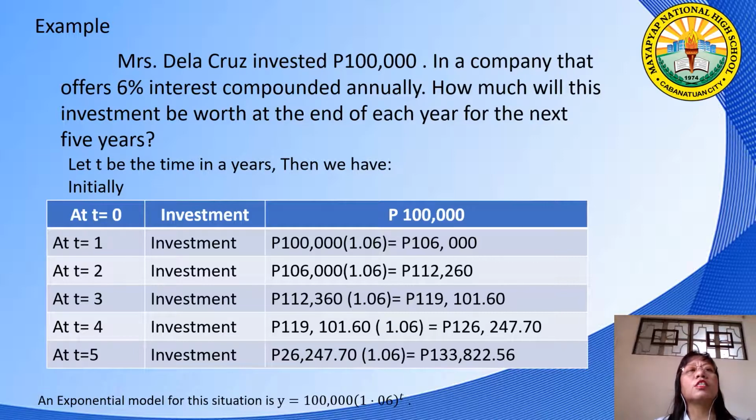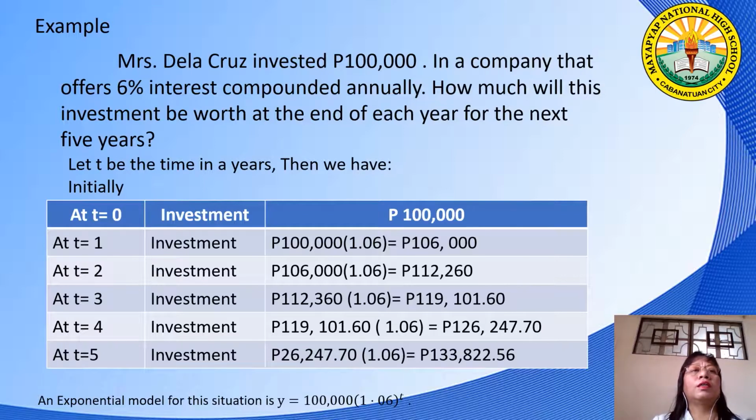At T equals 3 years, it becomes 119,101.60. At T equals 4 years, the investment becomes 126,247.70. And at T equals 5 years, the investment becomes 133,822.56.